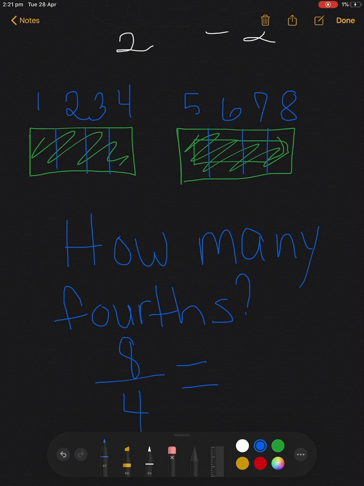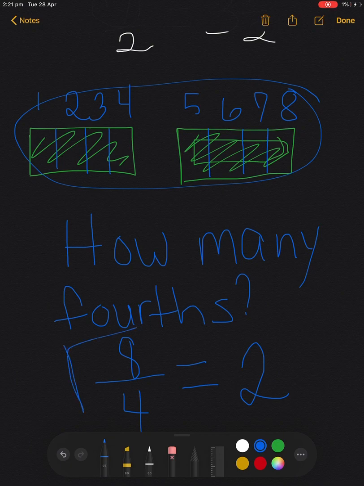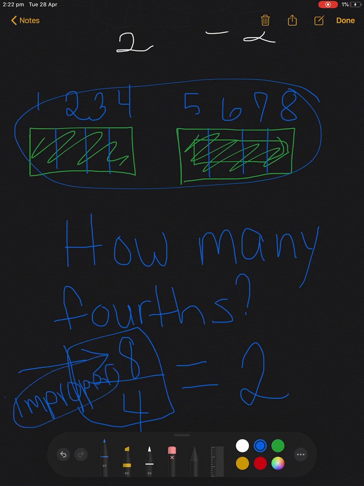How many wholes is 8 fourths? 8 fourths is the same thing as 2 wholes. See, it's 2 wholes, but it's also 8 fourths. This fraction is improper because the bigger number is at the top. Improper fraction.